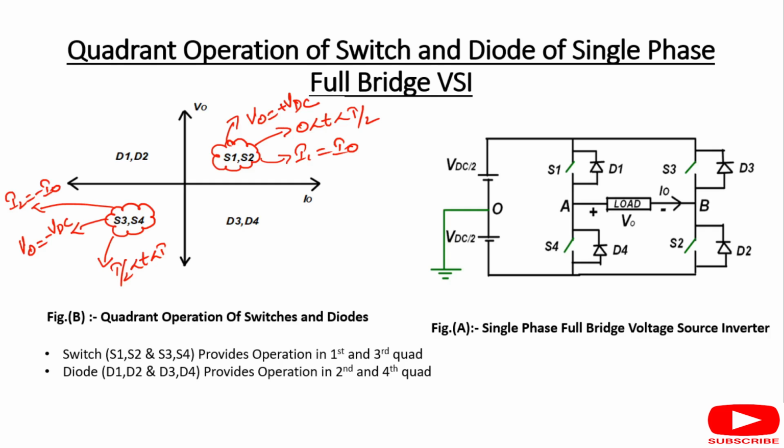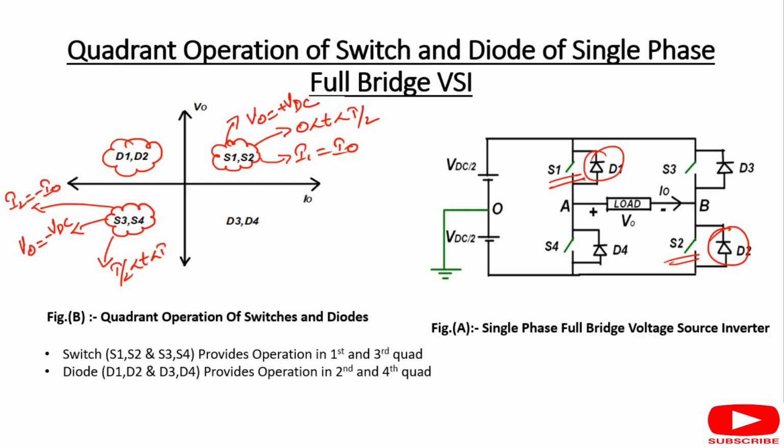What about the diodes D1 and D2? D1 and D2 are called anti-parallel diodes, connected in parallel with switches S1 and S2. The diodes D1 D2 do not change the polarity of the output voltage, but they reverse the current direction. That's why D1 D2 provide operation in second quadrant.